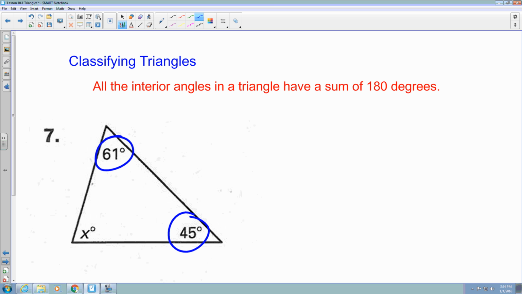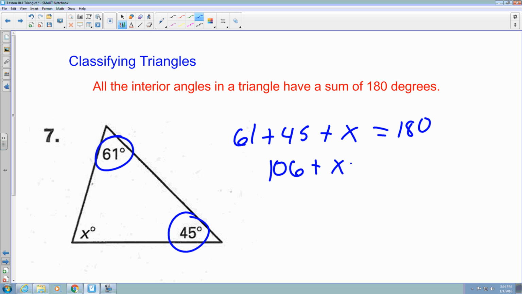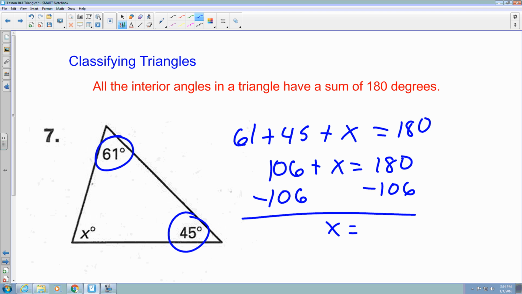We can do that by taking 61, adding it to 45, adding it to x, and we know the sum of all three is going to equal 180. So 61 plus 45 is 106, plus x equals 180. To solve for x, I subtract 106 from both sides, which gives me 180 minus 106. So x is going to be 74 degrees.